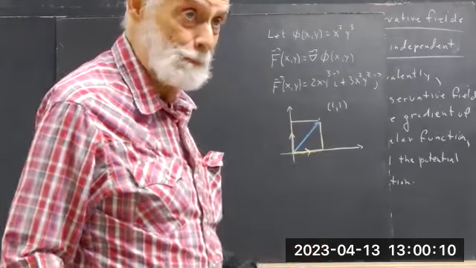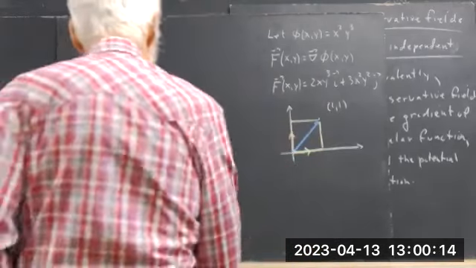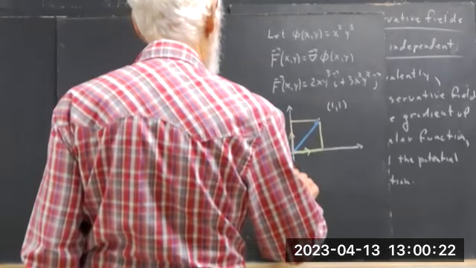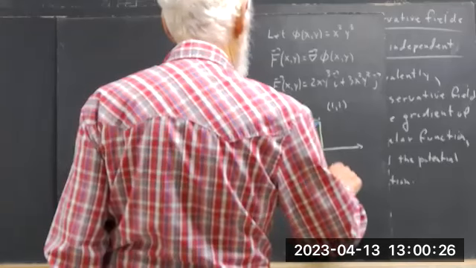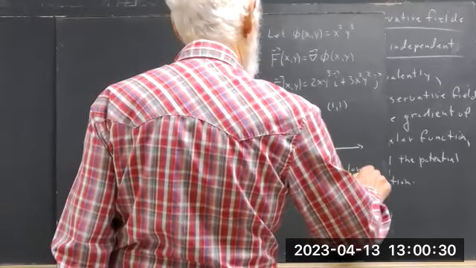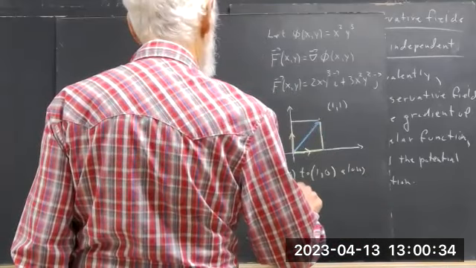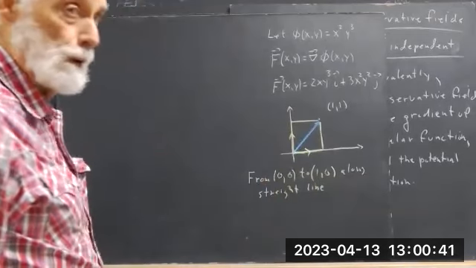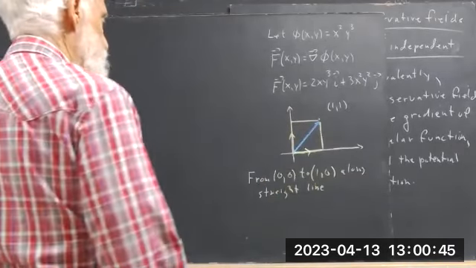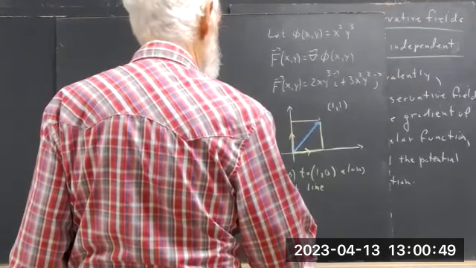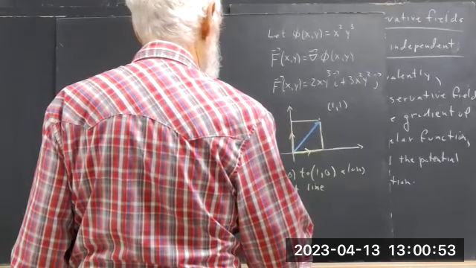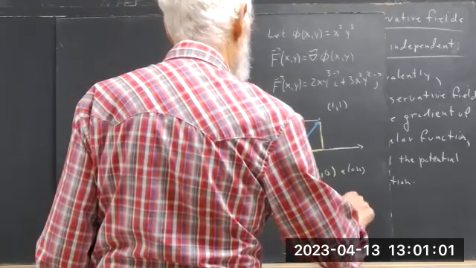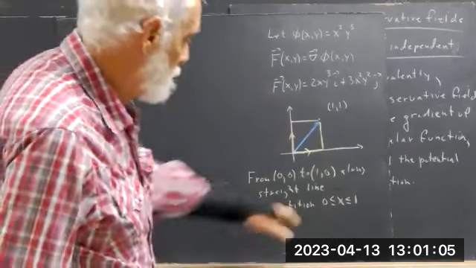Still, I'm going to parameterize it, from 0, 0 to 1, 0 along a straight line, with 0 less than or equal to x less than or equal to 1.